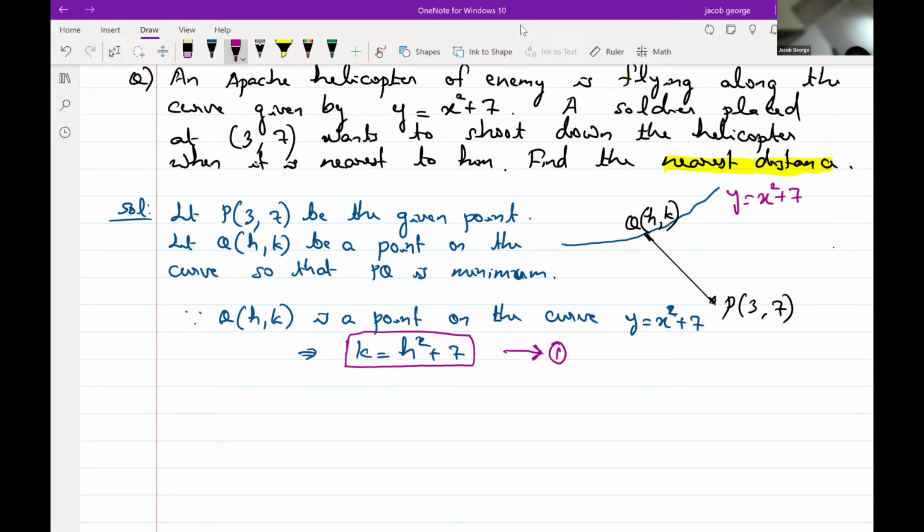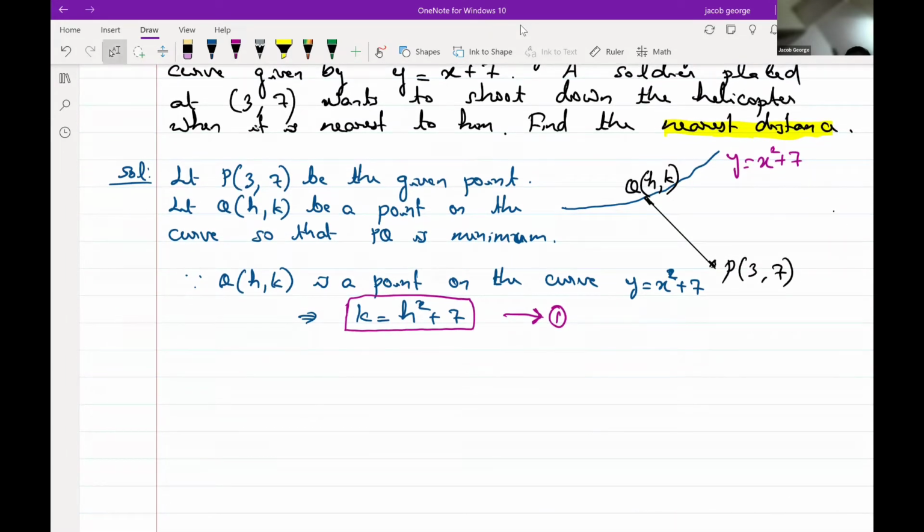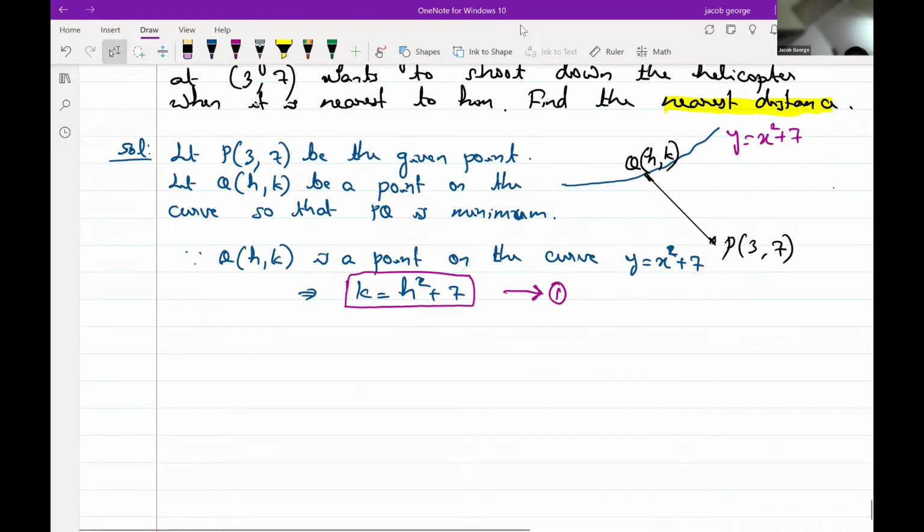Because when we do the maximum minimum sums, we are not allowed to take two or more variables. So this will help us in the sum to write it in terms of one variable. Since that point is a point on the curve, we have to replace x and y with h and k.